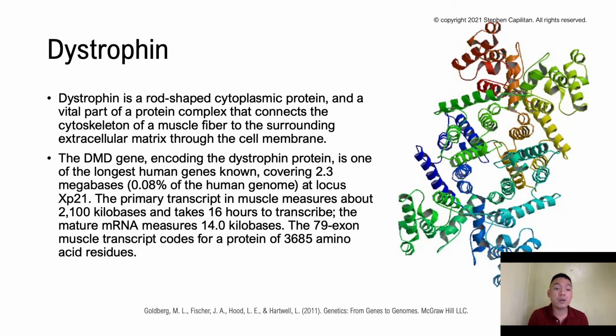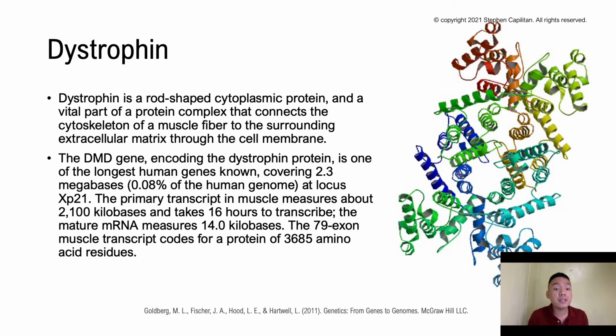So let's talk about dystrophin. Dystrophin is a rod-shaped cytoplasmic protein and a very vital part of a protein complex that connects the cytoskeleton of a muscle fiber to the surrounding extracellular matrix through the cell membrane. The DMD gene, which encodes the dystrophin protein, is one of the longest human genes known. It covers 2.3 megabases at locus Xp21.